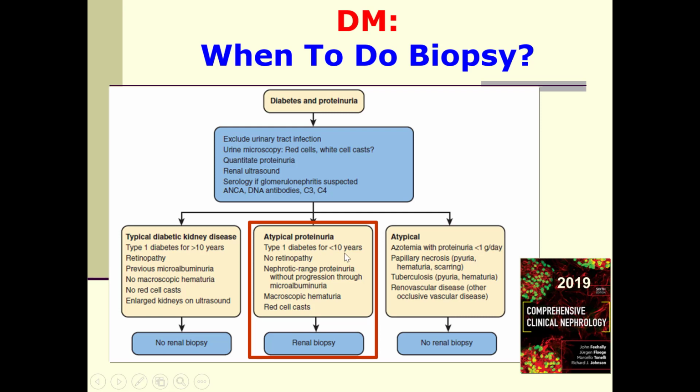If there is an atypical presentation, type 1 diabetes for less than 10 years, no retinopathy, nephrotic range proteinuria without progression through microalbuminuria, macroscopic hematuria, and red cell casts, all these are considered indications for doing biopsy, needless to say, after exclusion of immunological injury by doing all these tests.